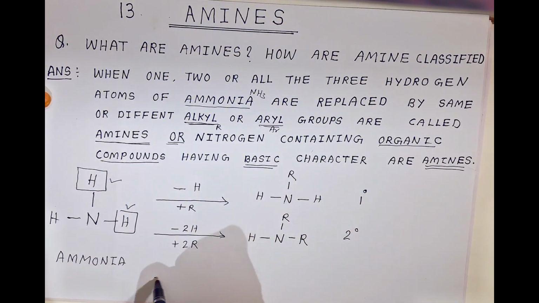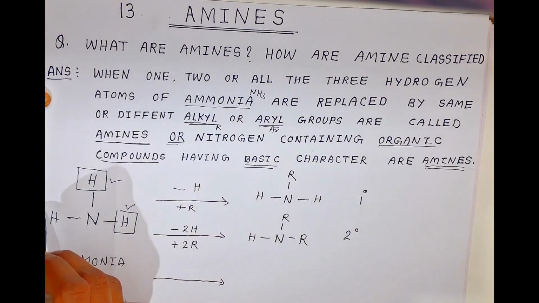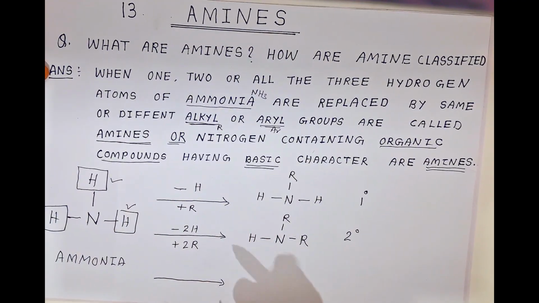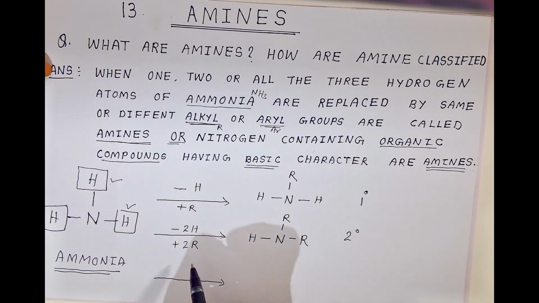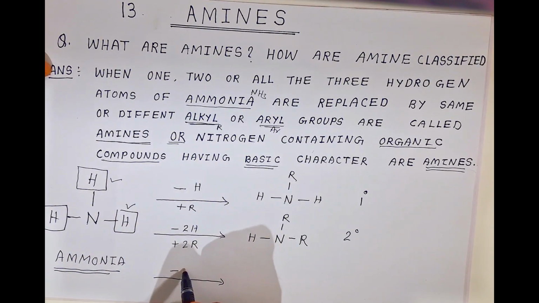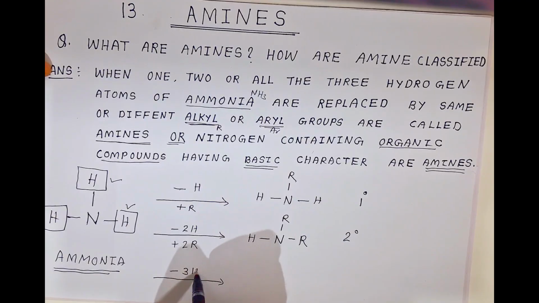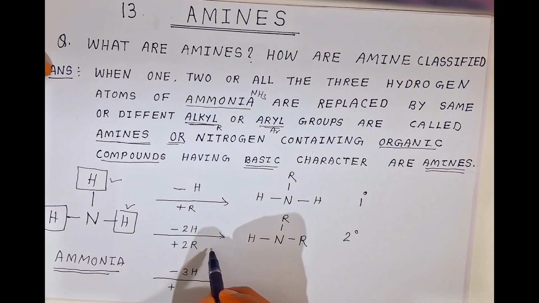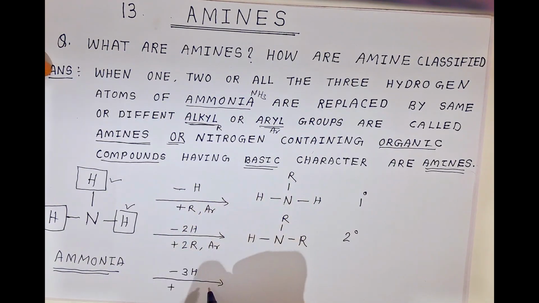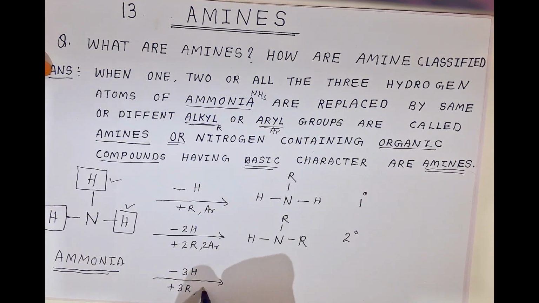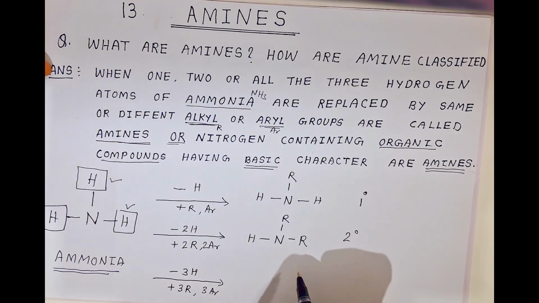Now, what happens when you replace all 3 hydrogens of ammonia? You remove the 3 hydrogens and replace them with 3 alkyl or aryl groups. It may be 3 alkyl groups or 3 aryl groups.